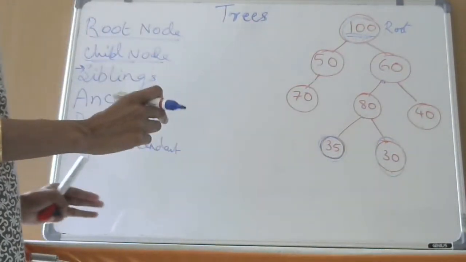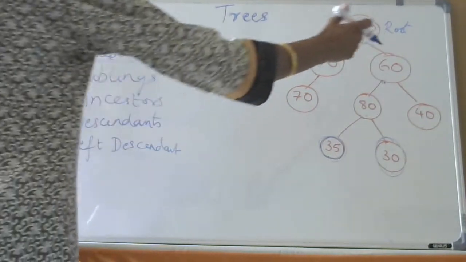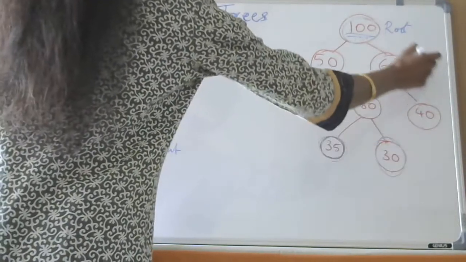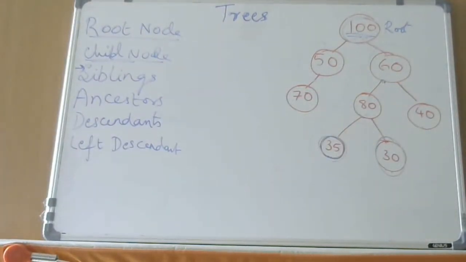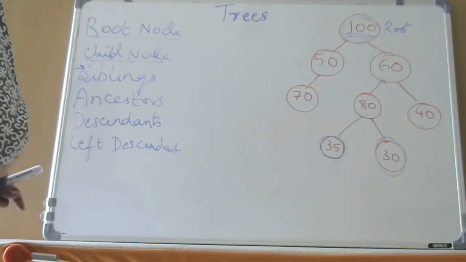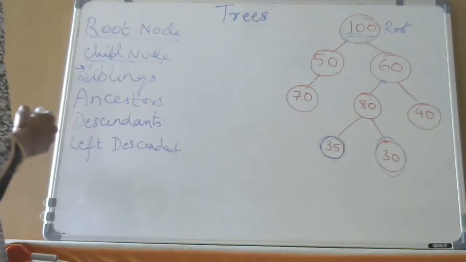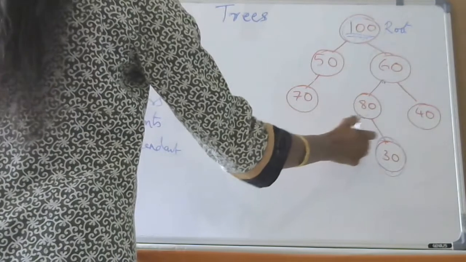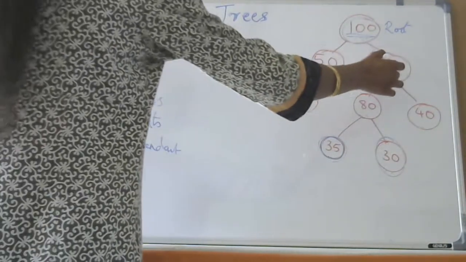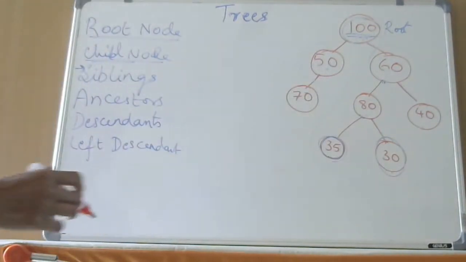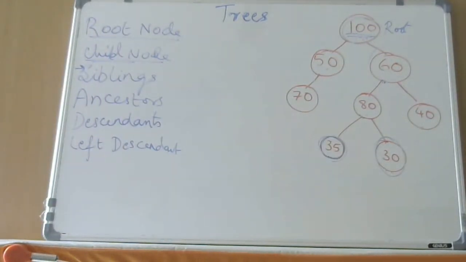The right descendants of 100 are 60 and this whole thing. We are only talking of left descendants. So the left descendants of 60 are 80, 35, 30. The left descendant of 80 is 35. The left descendant of 50 is 70. So whatever subtree comes on the left side of that particular node X, you call them left descendants.